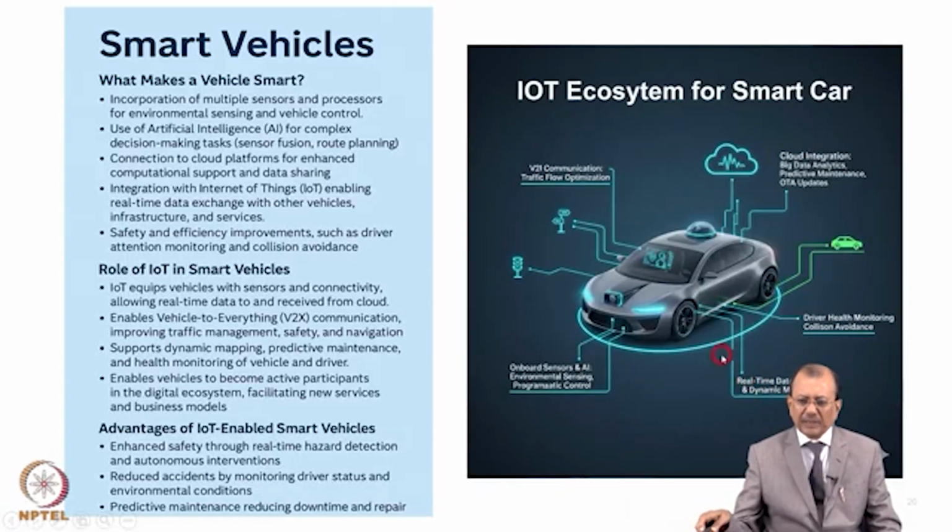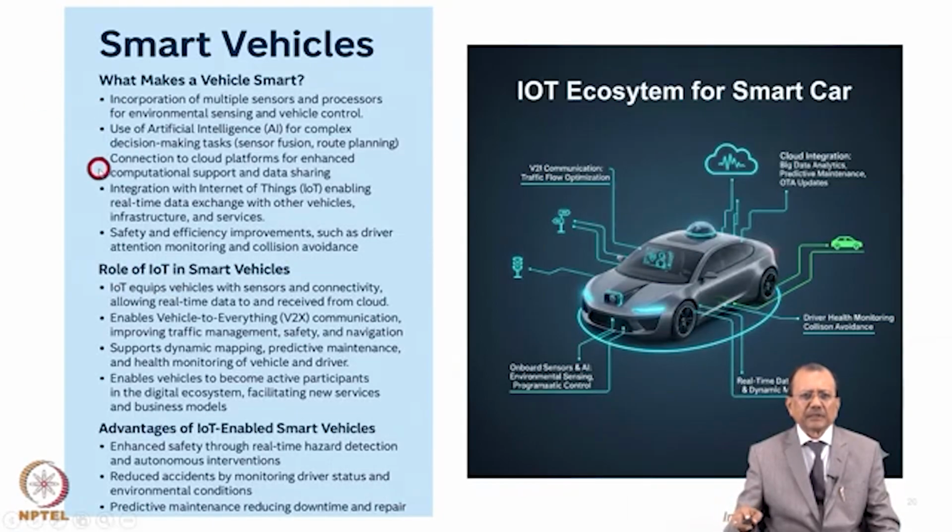How is it possible? This picture shows all those kinds of connectivity, a schematic diagram. Here, this car is connected to V2X communication for traffic flow optimization. This is the kind of system that this application requires for connectivity of the car. On the left hand side, I have explained the role of IoT in smart vehicles. What makes a vehicle smart?